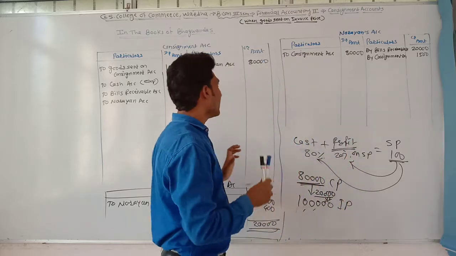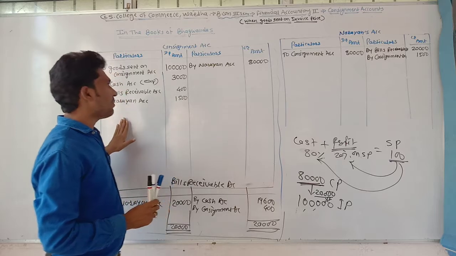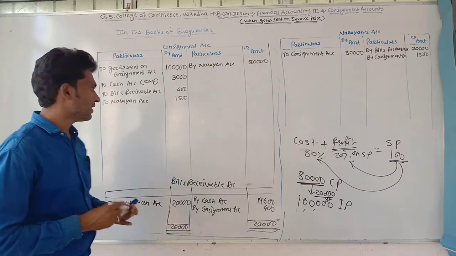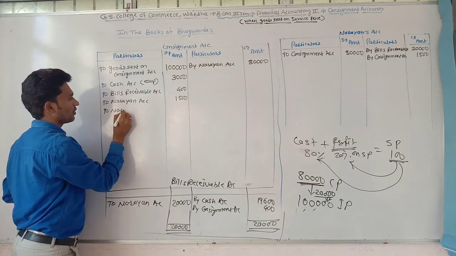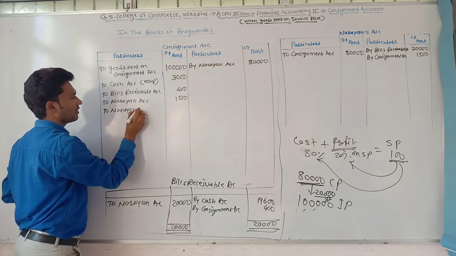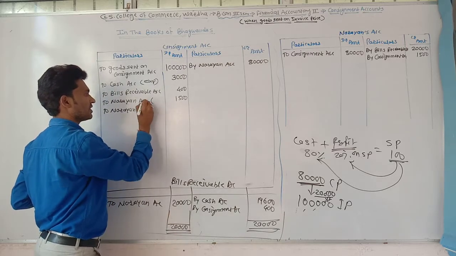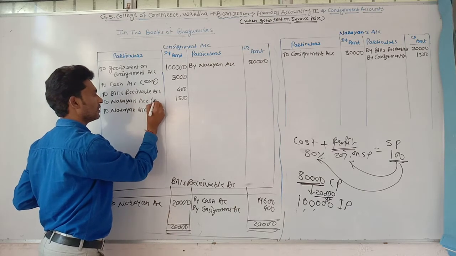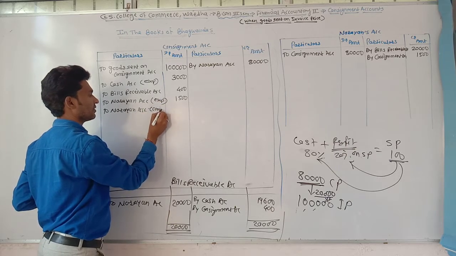The entry is consignment account debit and Narayan's account credit. So write at the debit side of the consignment account to Narayan account. The name is repeated: the first time we wrote Narayan account for its expenses, and the second time for its commission.